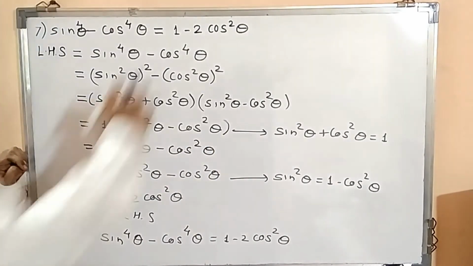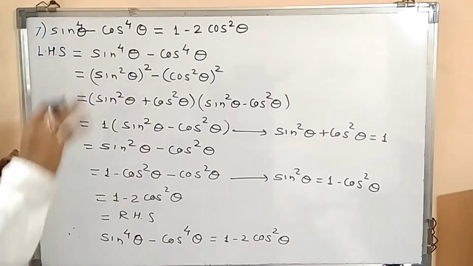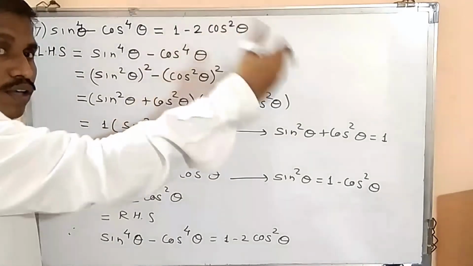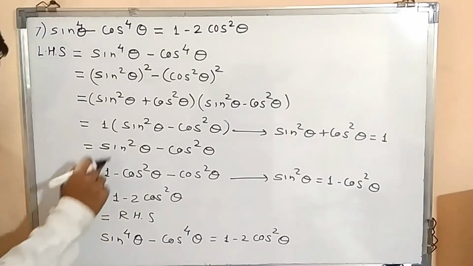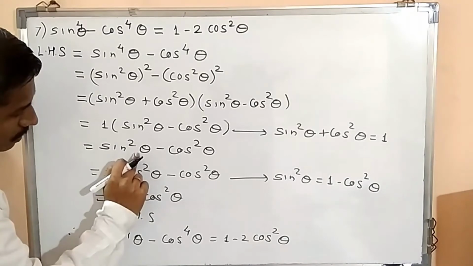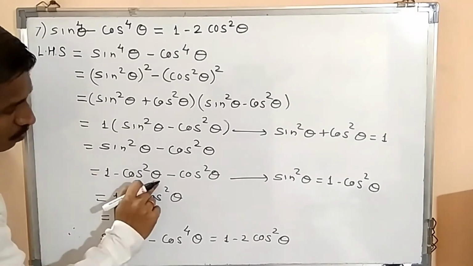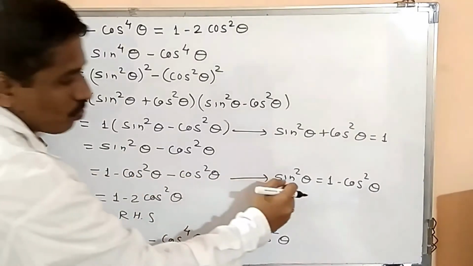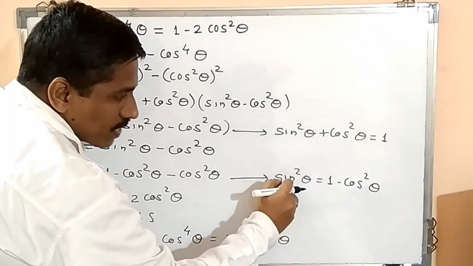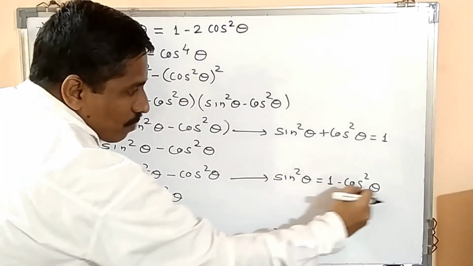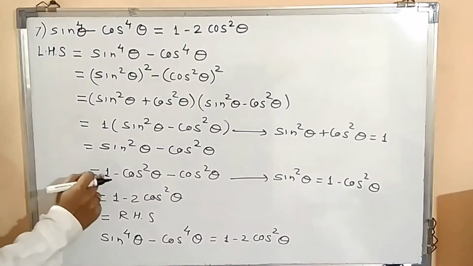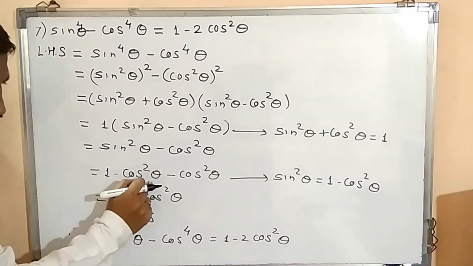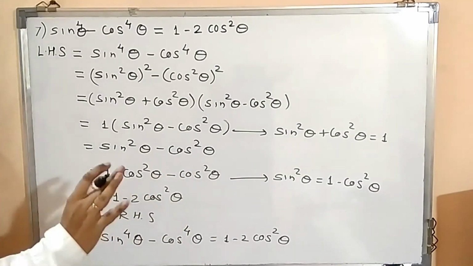Look at right hand side. In right hand side only cos terms are there. So I will replace this sin square theta as 1 minus cos square theta, because I know this identity sin square theta is equal to 1 minus cos square theta. So it will become 1 minus cos square theta minus cos square theta.